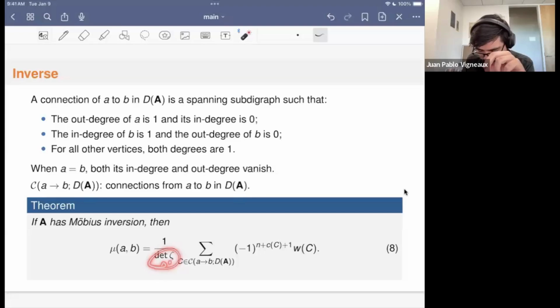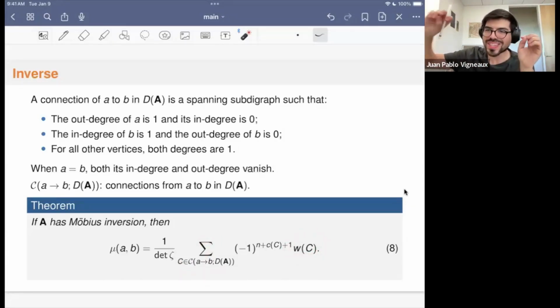This we know how to expand combinatorially, and then the numerator is a sum over these connections of the weight of the connection, where again the weight is the multiplication of all the weights of the arrows that appear in the corresponding paths and cycles. And then the sign of the connection is similar: the number of objects plus the number of cycles in the connection. Here you won't count the path, but then +1. We could imagine this +1 comes from the path.